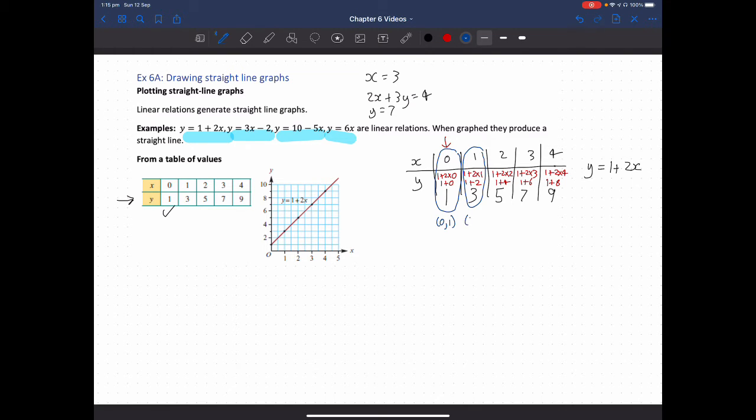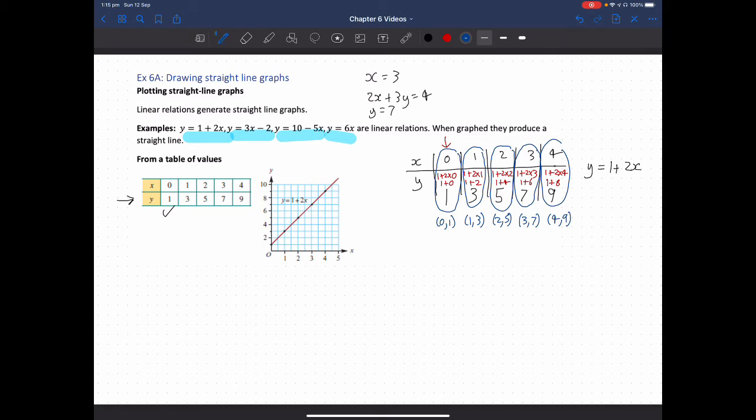That is the point 1, 3. The third column of numbers, x is 2, y is 5. Fourth column of numbers is 3, 7. And the last column of numbers is 4, 9.